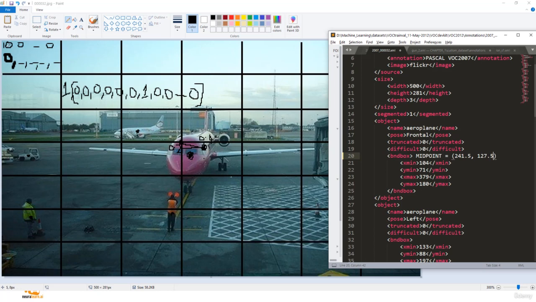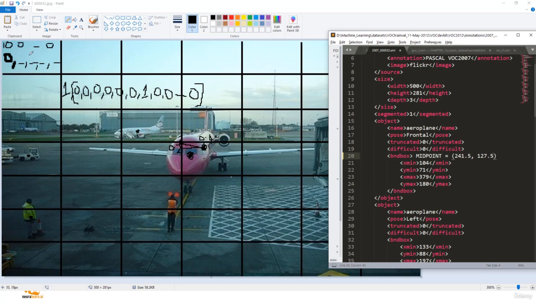So instead of the usual coordinate system where we're going from 0 to 500 and then from 0 to 281, we're going to have a coordinate system where we're going from 0 to 6 and then from 0 to 6, since we have 7 different grid cells.